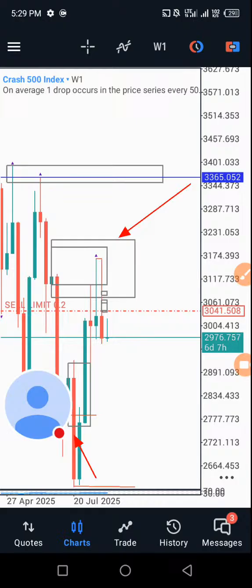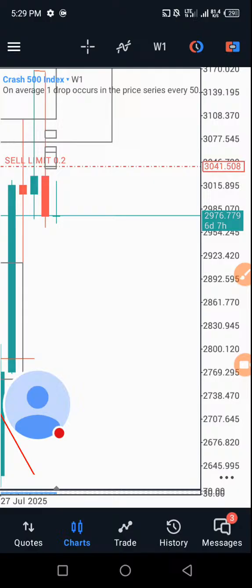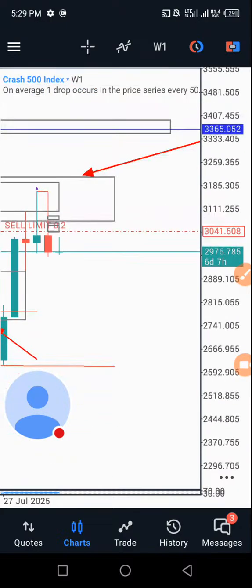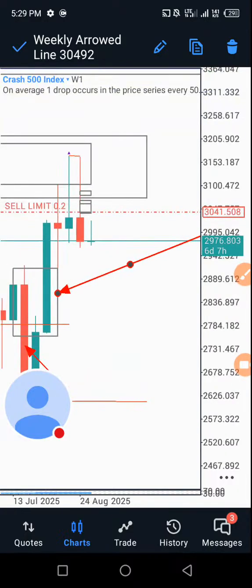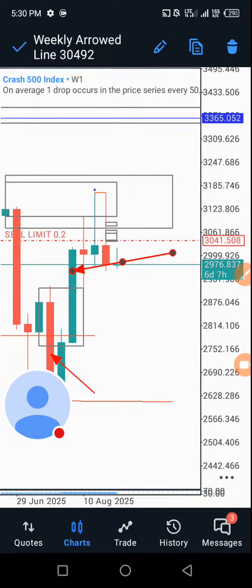So I said that now that we opened our chart here, you notice that these last 3 weeks' candles have not been like these two candles here that gave us a high, pumpy retracement candle.